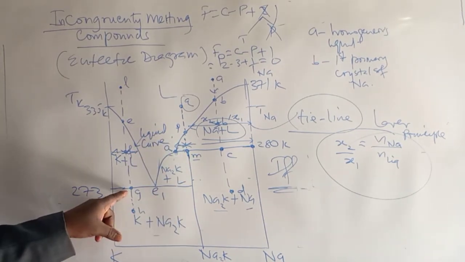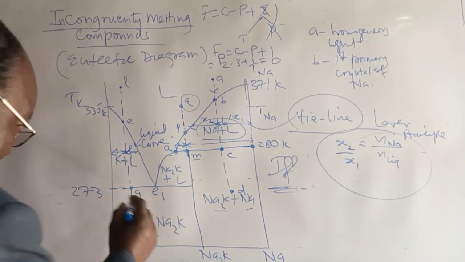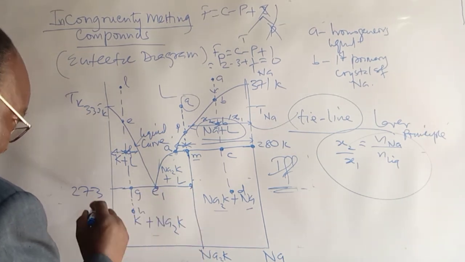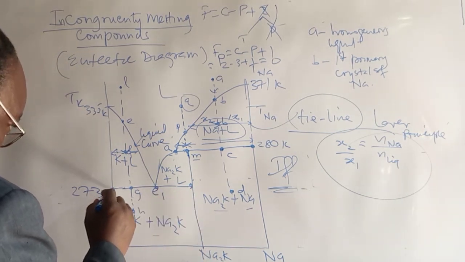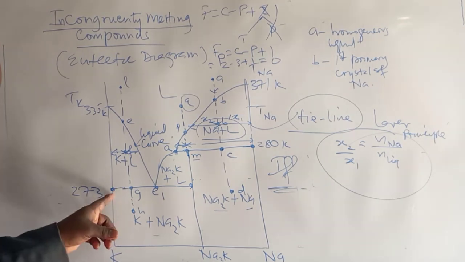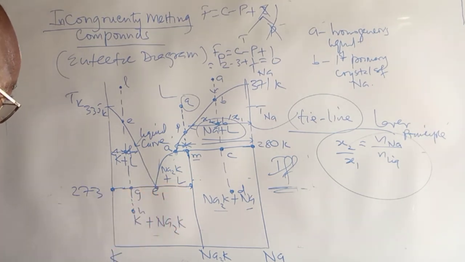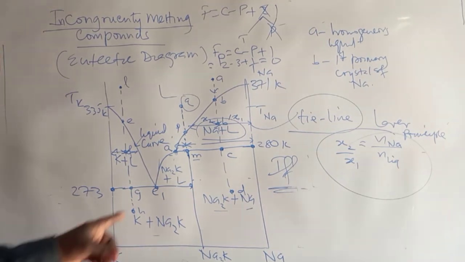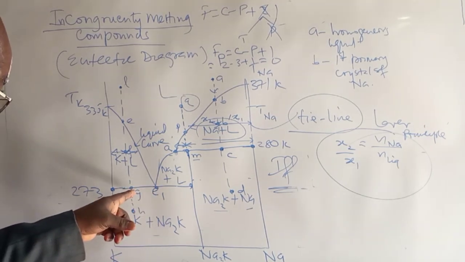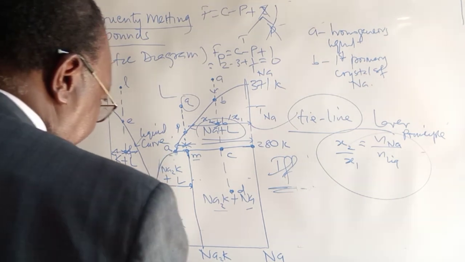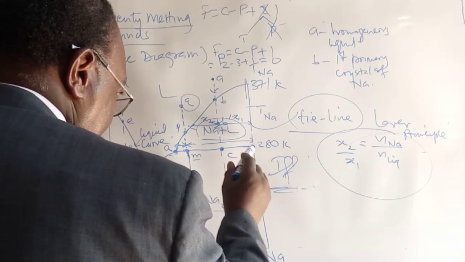Now, at G, we have, remember, now we have the compound, we have the eutectic mixture, and we have the potassium. So the three are coexisting in equilibrium. So again, the system is invariant at that particular point. Just like we saw here, we had that coexisting together in equilibrium with this and that.